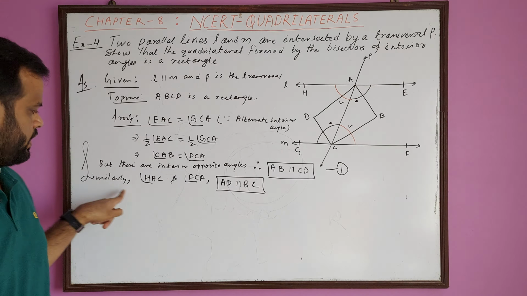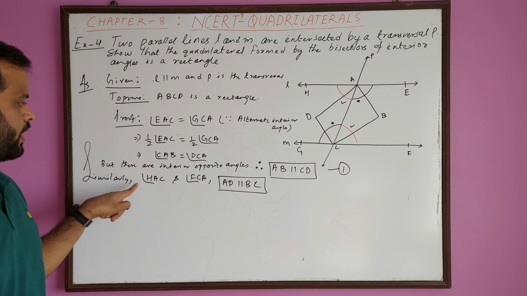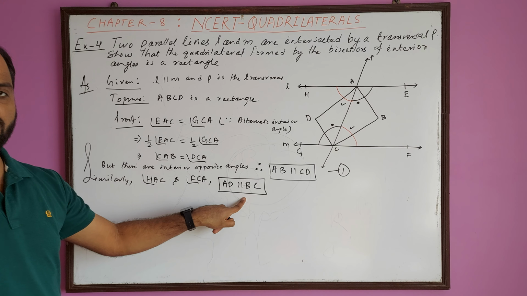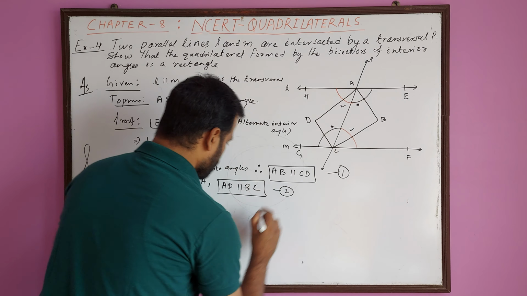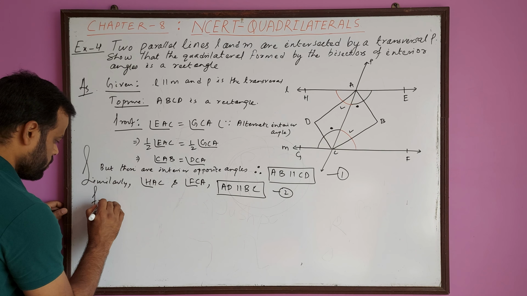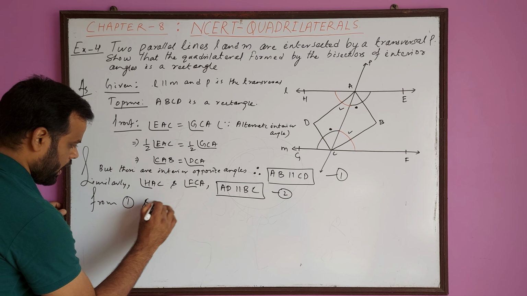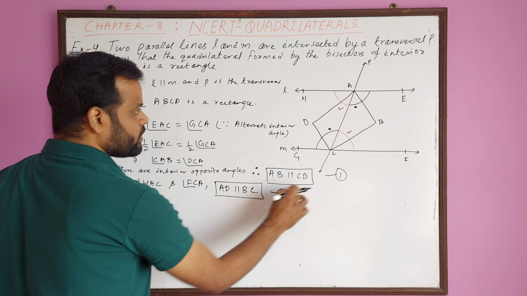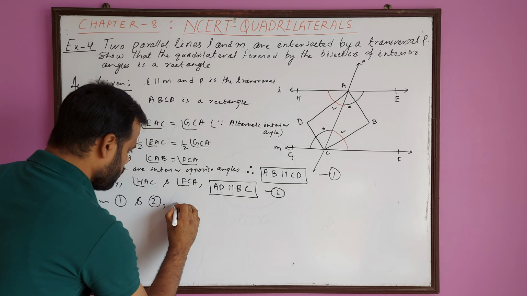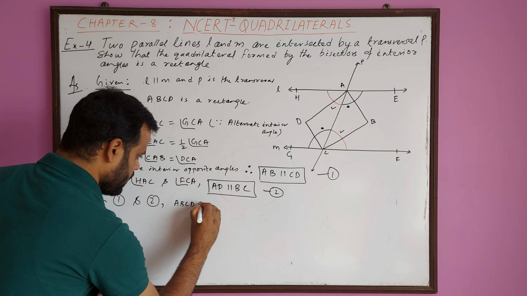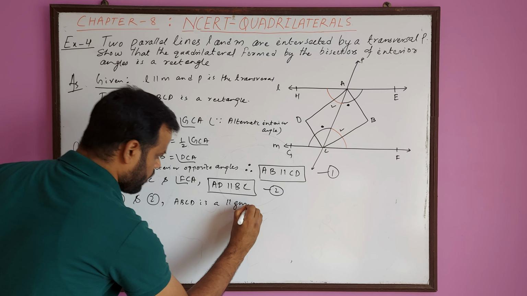We can directly write that similarly, taking this and this, this is parallel to this. So this forms equation number 2. So from equations 1 and 2, we get that opposite sides are parallel. So ABCD is a parallelogram.